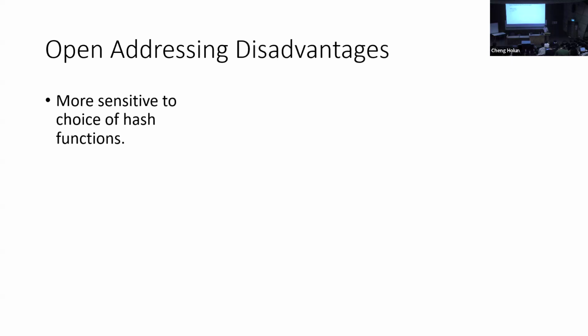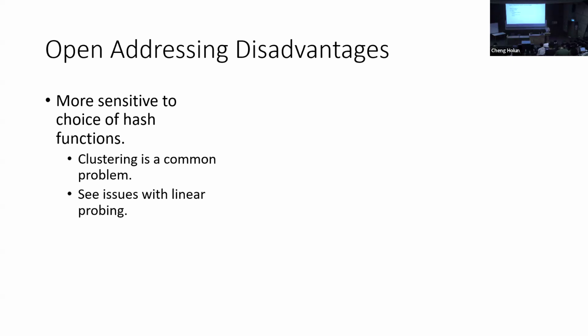Of course, open addressing has problems. The data will cluster. Clustering means that after probing, the items will be concentrated in certain parts, which is highly related to the hashing function, and especially serious with linear probing.